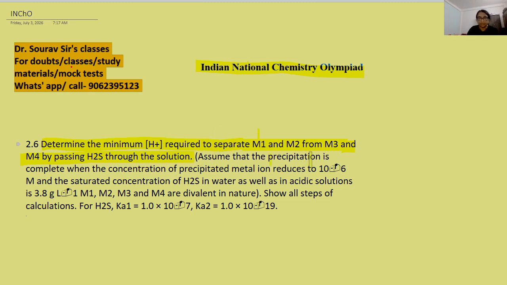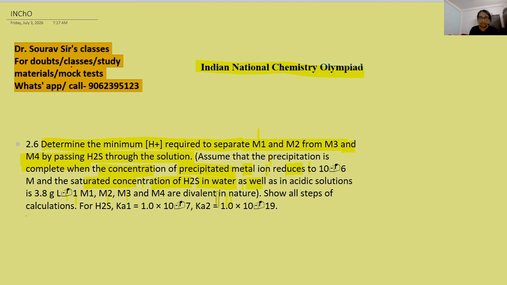Assume that the precipitation is complete when the concentration of the precipitated metal ion is reduced to 10 to the power minus 6 M, and the saturated concentration of hydrogen sulfide in water as well as in acidic solution is 3.8 grams per liter. M1, M2, M3 and M4 are divalent in nature.